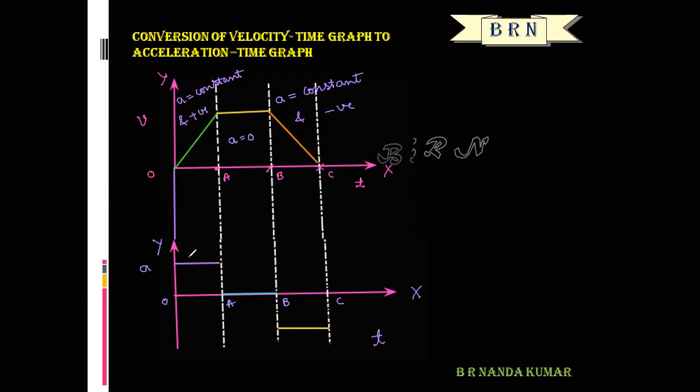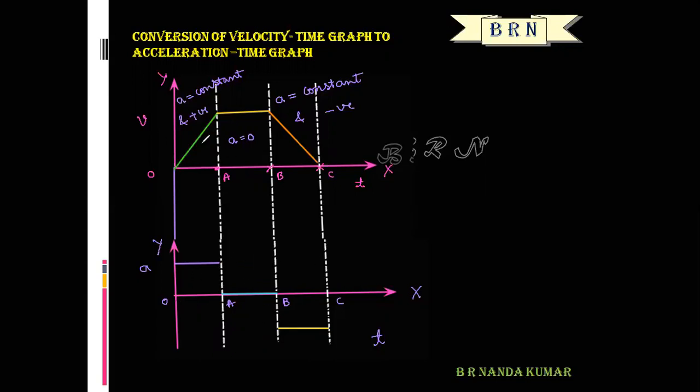Now look at this graph from O to A. Acceleration is constant and positive, is it not? From O to A, acceleration here is constant. So this is not the VT graph, this is the AT graph.